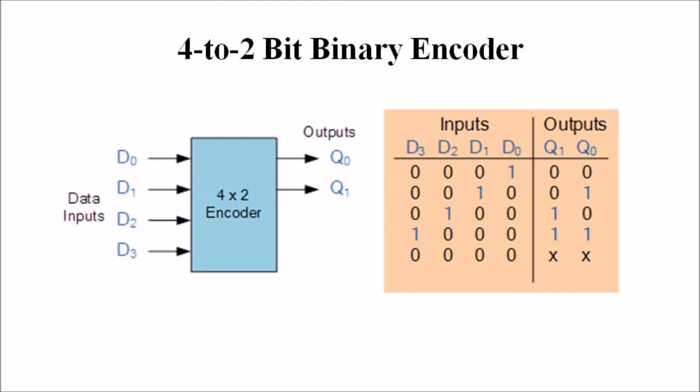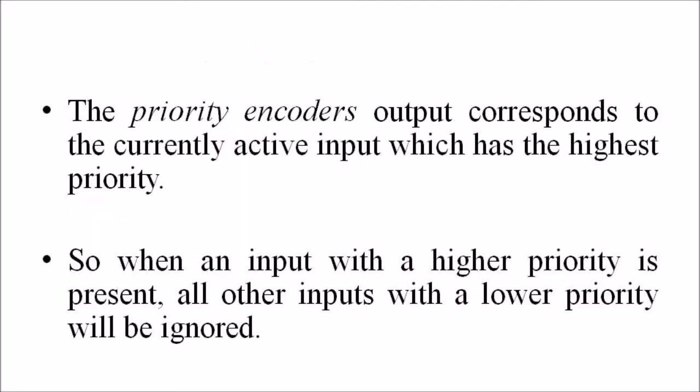One simple way to overcome this problem is to prioritize the level of each input pin. So, if there is more than one input at logic level 1 at the same time, the actual output code would only correspond to the input with the highest designated priority. This type of digital encoder is known as a priority encoder, or P encoder.